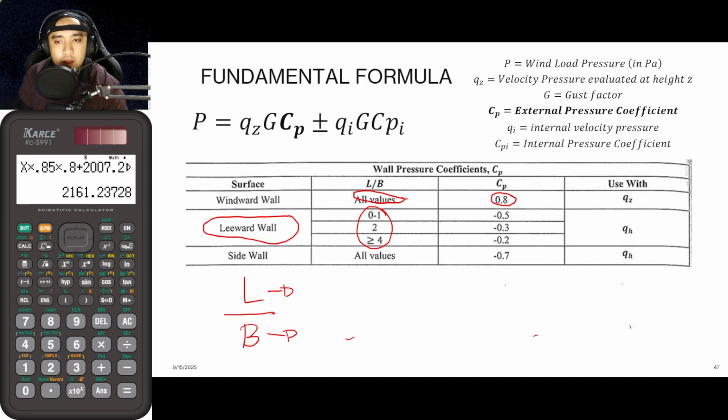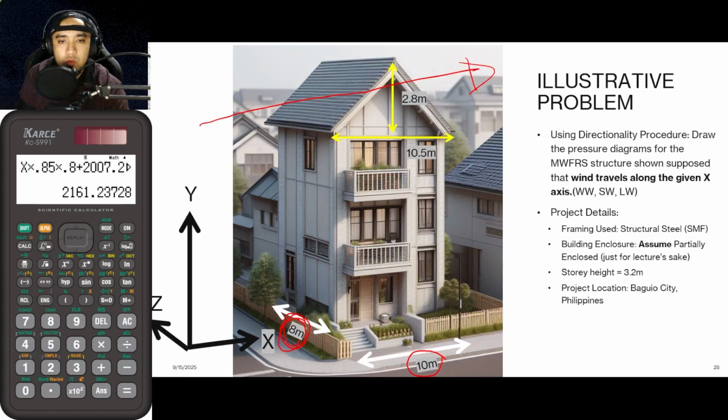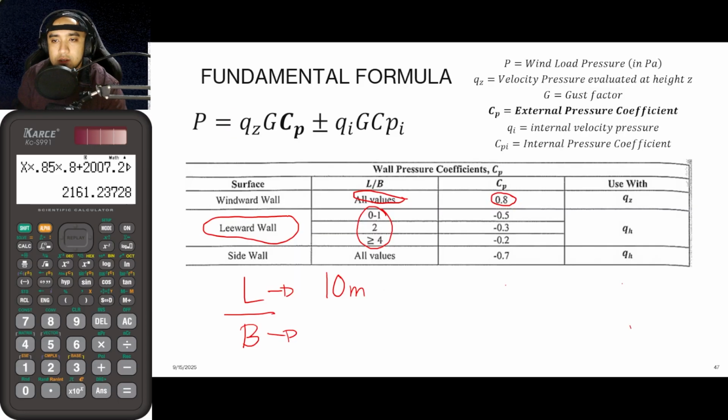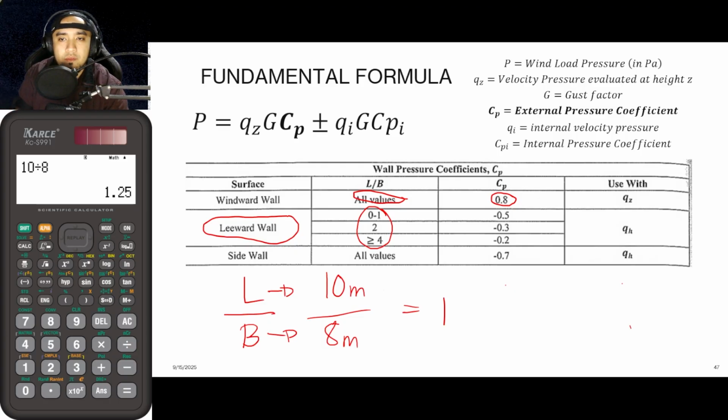So for the value of L in our case is 10 meters, whilst for the value for B, that would be 8 meters. Getting the ratio, 10 divided by 8, that is 5 over 4 or 1.25.